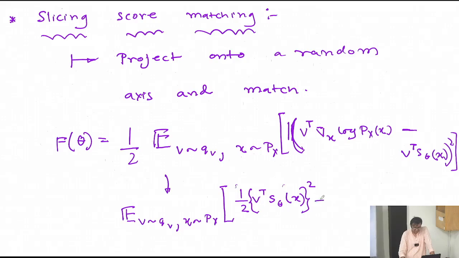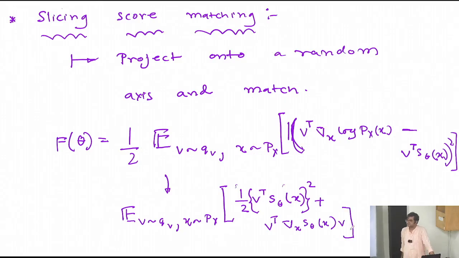Plus half and half 2 will cancel out. V transpose gradient of x, sorry, yeah, gradient of x S theta x V. Not making sense? Let us see.